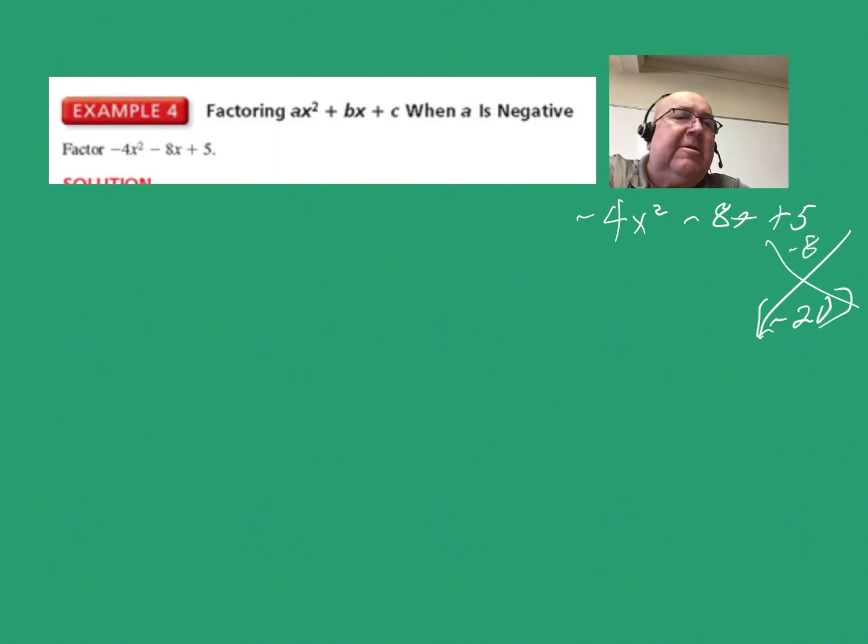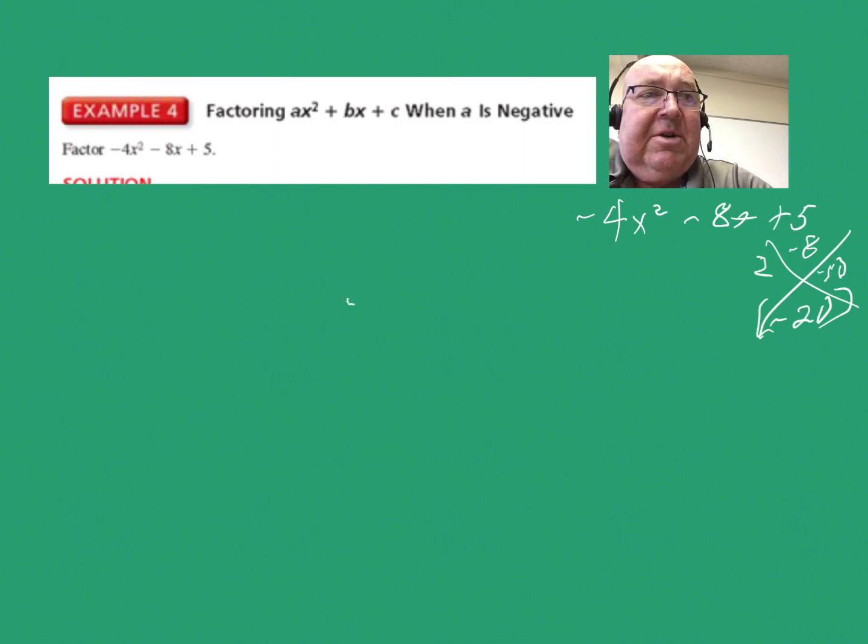And we're going to have factors that multiply. We're going to have 10 and 2. And the 10 is going to be negative.